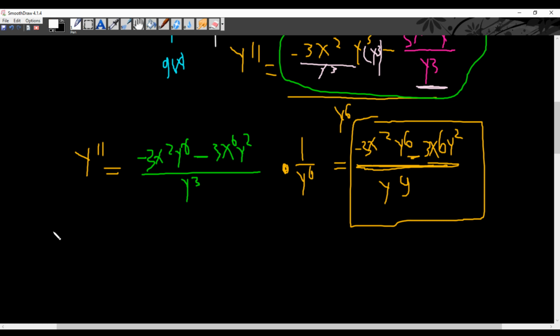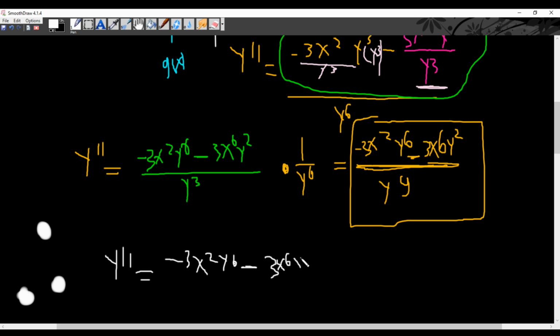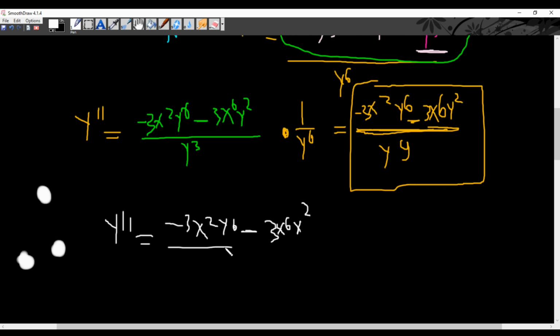So therefore, in terms of simplification, y double prime was equal to negative 3x squared y to the 6 minus the value of 3x to the 6, then y squared, all divided by y to the 9.